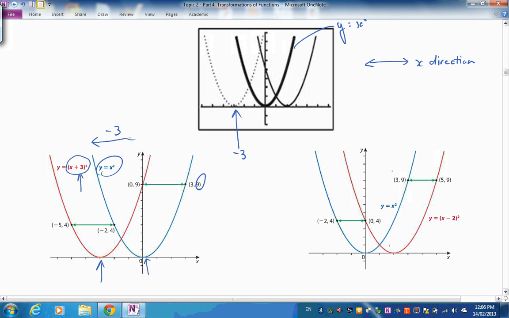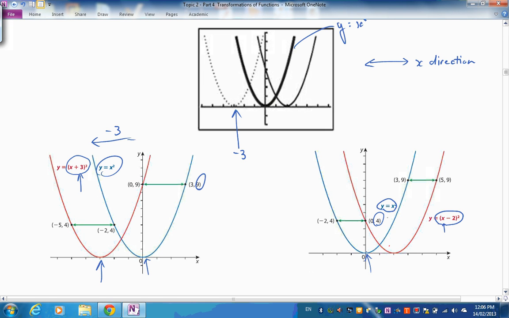What about if we have x squared over here, the blue one again, and we do x take 2 squared? So here we are, if we put x is 0, and then put in this function, take 2 squared, we will have the value 4. Okay, so 0 now becomes 4.